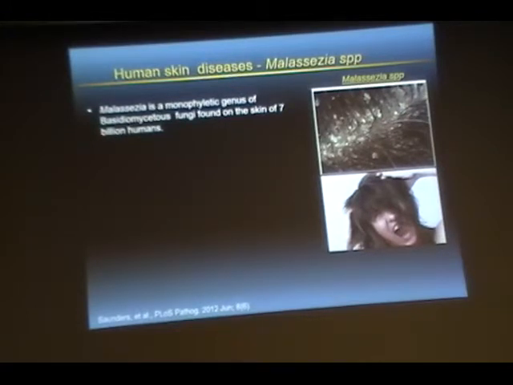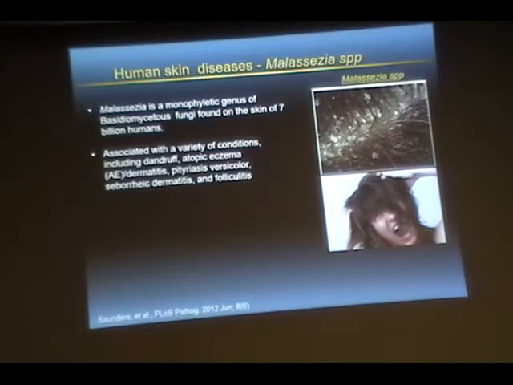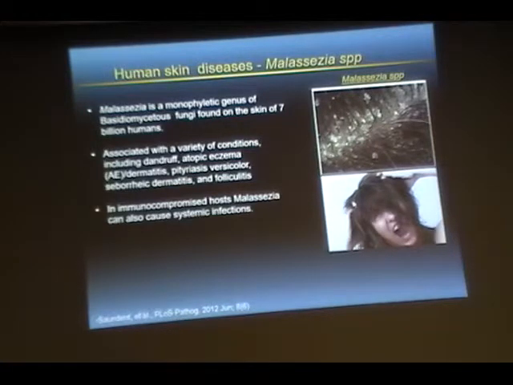Malassezia, as you all know, some of us have come across dandruff, and that's caused by a fungus called Malassezia species, normally a monophyletic genus of Basidiomycetes fungi, and it's found on the skin of 7 billion humans. A lot of humans do have this normally, but it causes dandruff in some people, and it's not only in immunocompromised hosts.